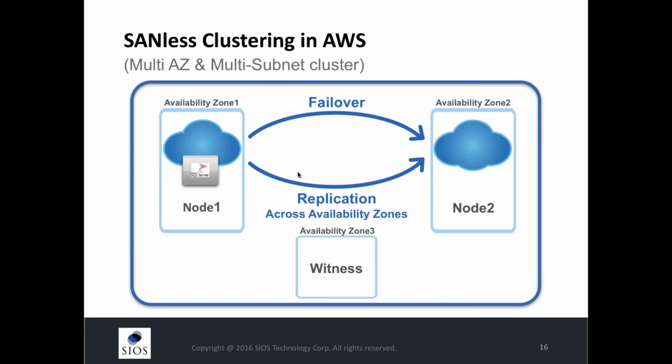Now, one other thing that is AWS specific is when you deploy a multi-availability zone cluster, you're going to end up with cluster nodes on different subnets. So you have a multi-AZ, multi-subnet configuration here.